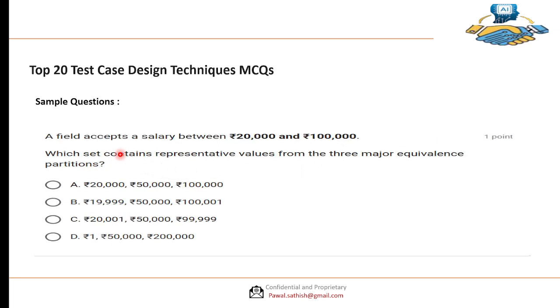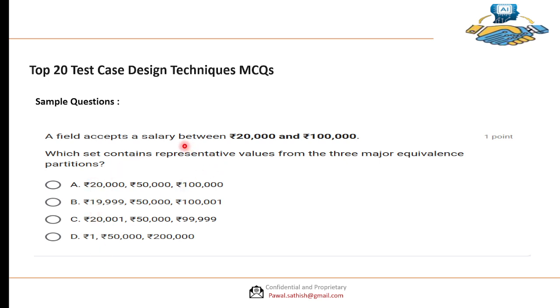Next we'll see a field that accepts a salary between 20,000 and 1 lakh. Which set represents values from the three major equivalence partitions? Remember, first we need to read the questions carefully, and identify what the question asks and what scenario we need to identify, and then select the one best correct answer.